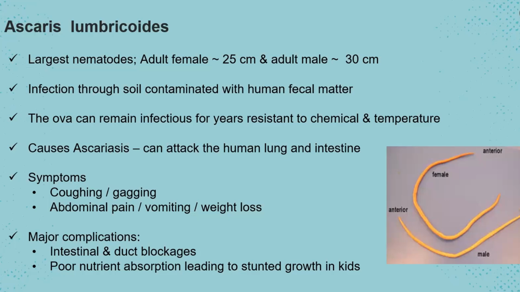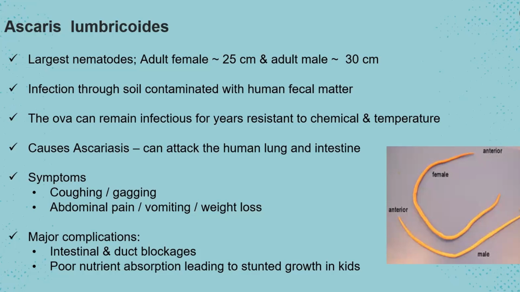Pathogenic nematode: Ascaris lumbricoides, the largest nematode. The adult female is 25 cm and the adult male can be 30 cm. Infection is through soil contaminated with human fecal matter.